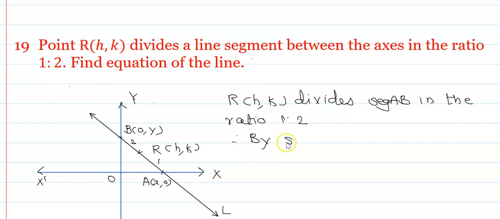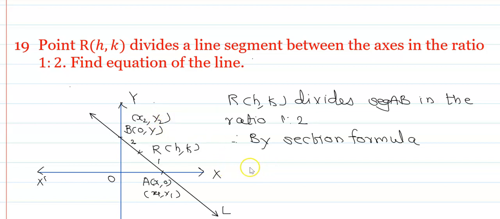Therefore, by the section formula, these are x1, y1, and this is x2 and y2.